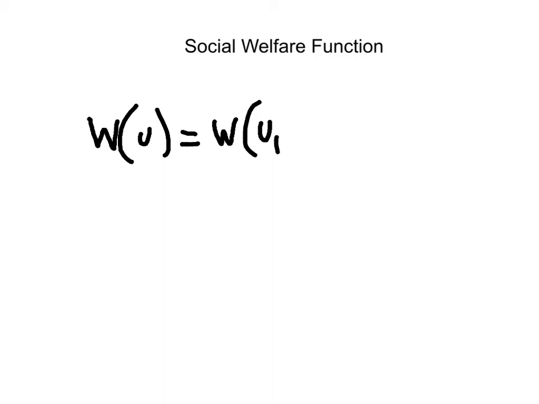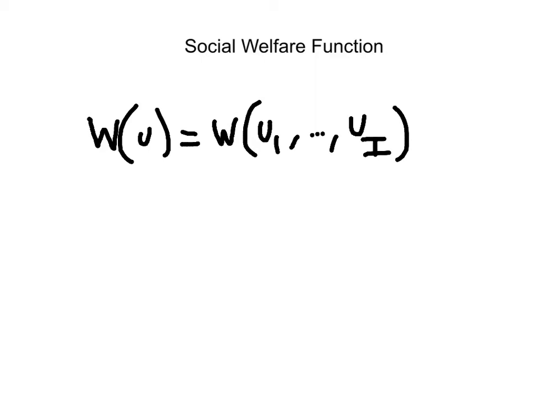We define the social welfare function, W, which is defined over a vector of utilities of all individuals in society. Assuming I individuals, we have a profile of individual utilities, and our welfare function aggregates these individual utilities into social utilities.